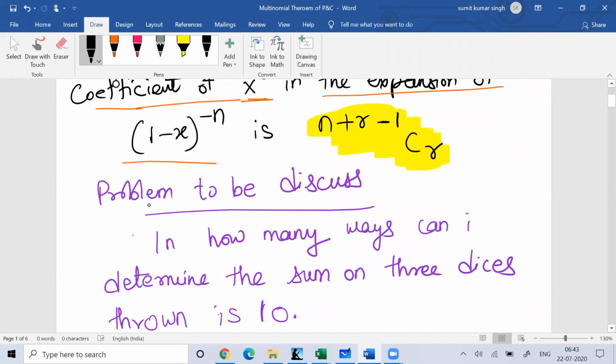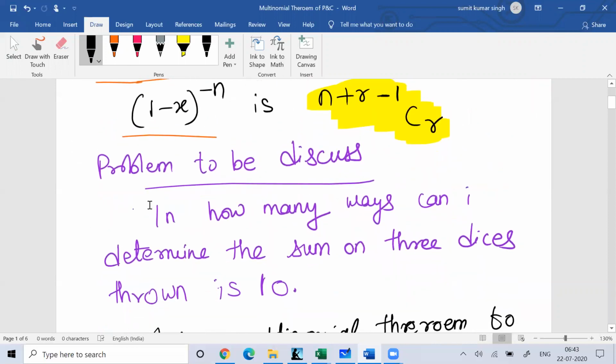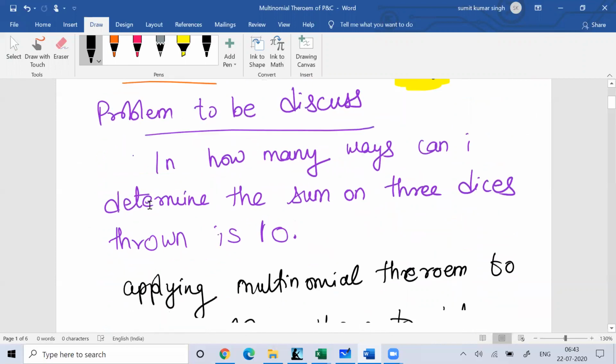So let me discuss the application of the multinomial theorem in the same problem. The sum on 3 dice is 10. You know the answer, 27. So now let's discuss the fourth application of this concept. Let's learn this concept through the application of the multinomial theorem.